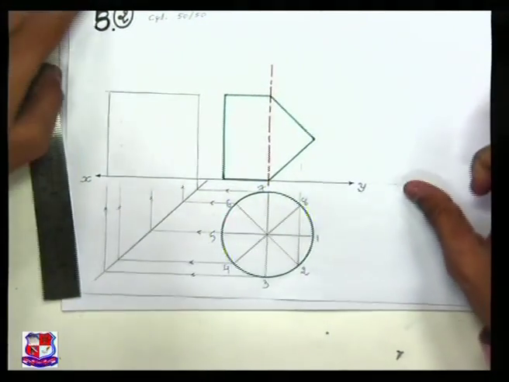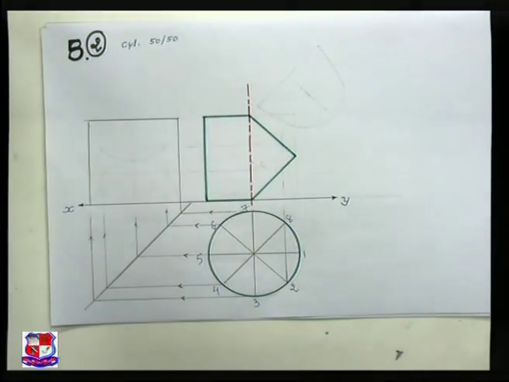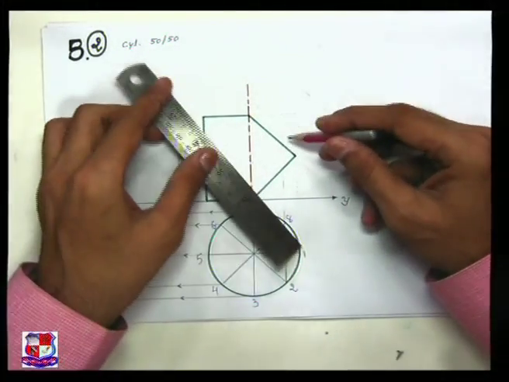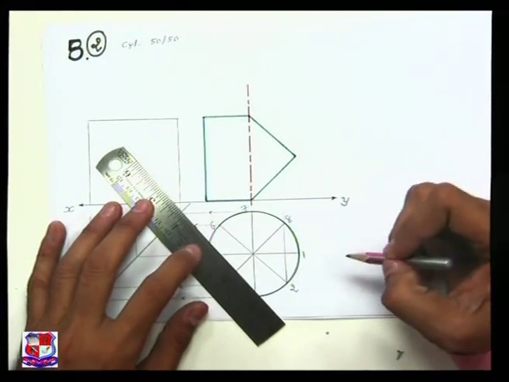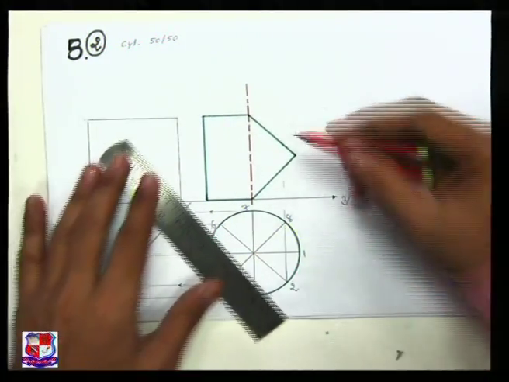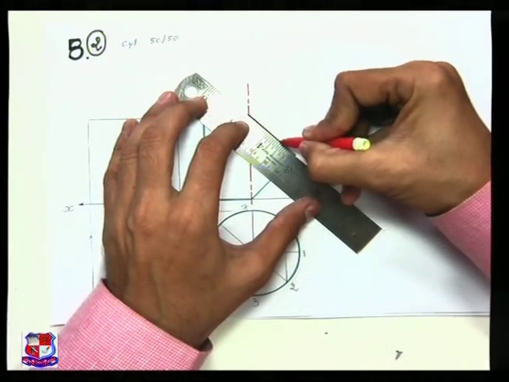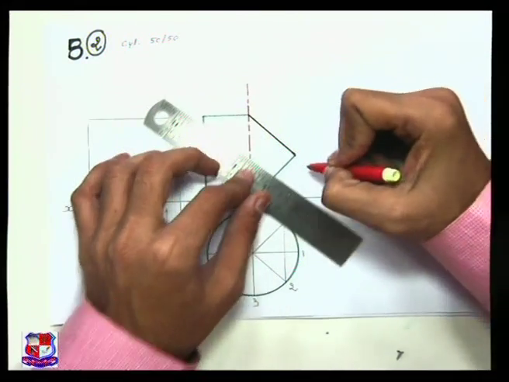Now how to draw the true shape and cut portion of this cylinder. For that, let me assume that this is a full cylinder, and this is the cut portion only, as we represent it here with just a red color, just to understand what the cutting plane is. Only this is the cutting plane.